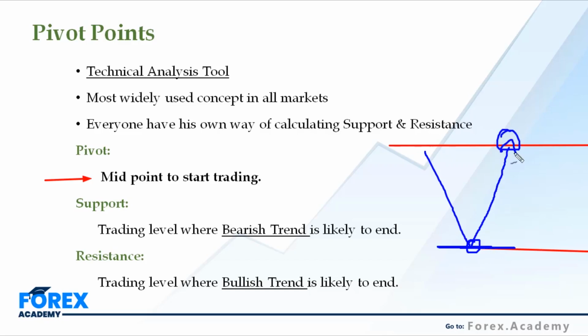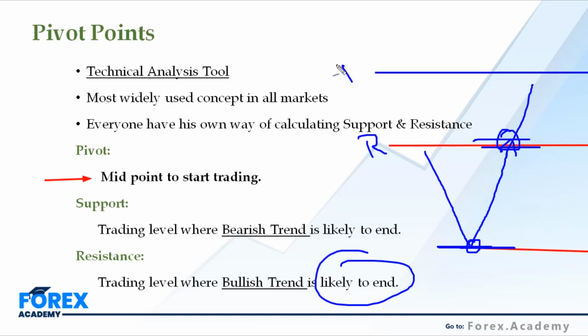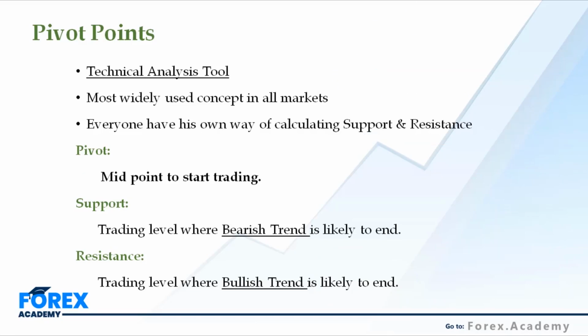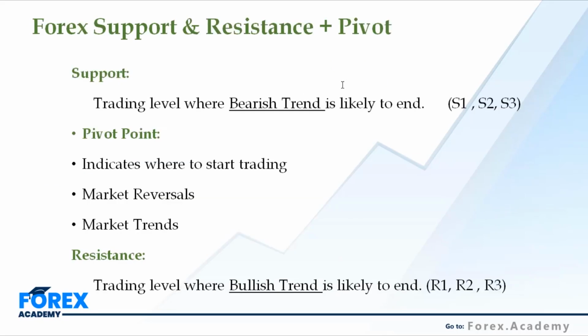On the upper side, this is a level where the bullish trend is likely to end. So this should be called resistance. Guys, once the resistance is broken, violated, the market will go for the second resistance, which is R2. So that is what we are going to calculate right now.